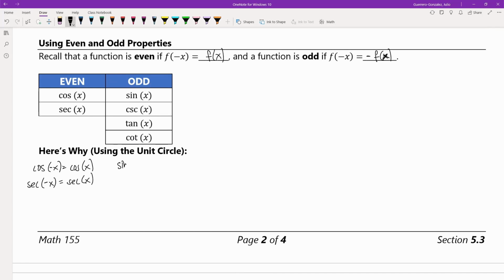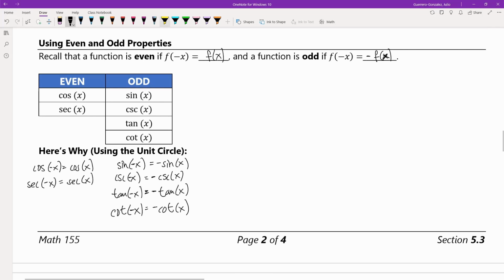And then the other ones, they're odd. So sine of negative x is equal to negative sine of x. Cosecant of negative x is equal to negative cosecant of x. Tangent of negative x is equal to negative tangent of x. And then cotangent of negative x is equal to negative cotangent of x.